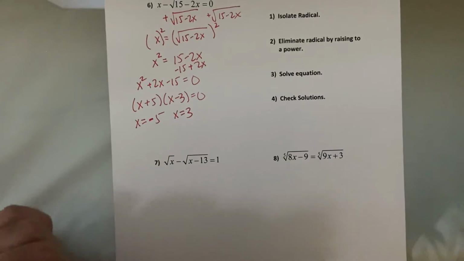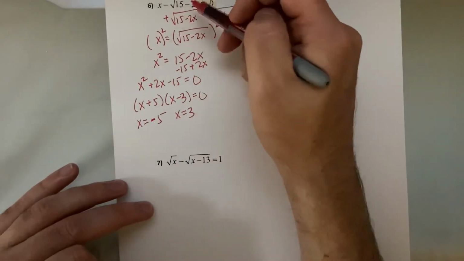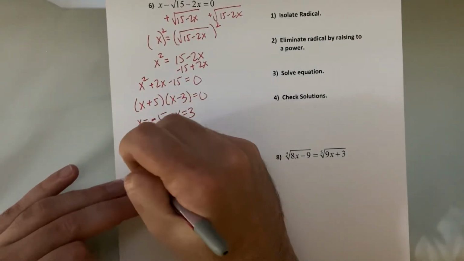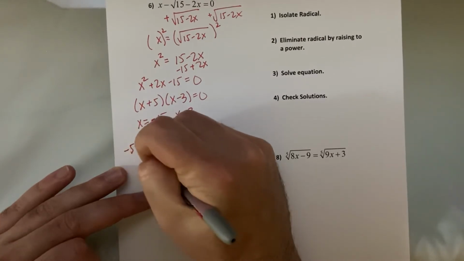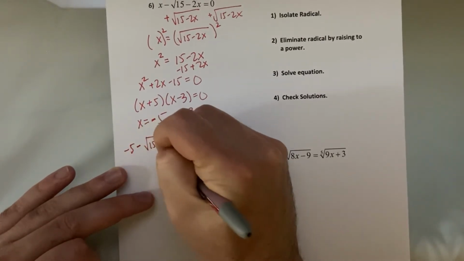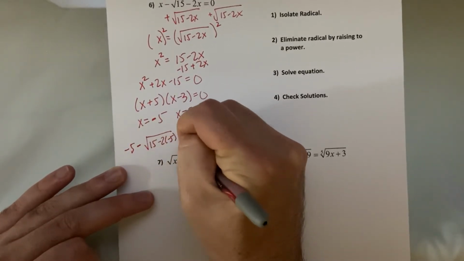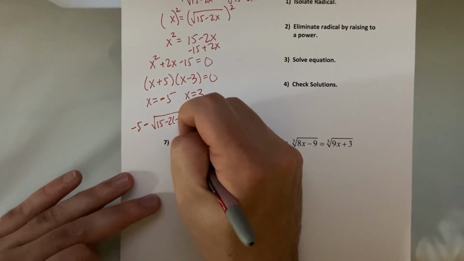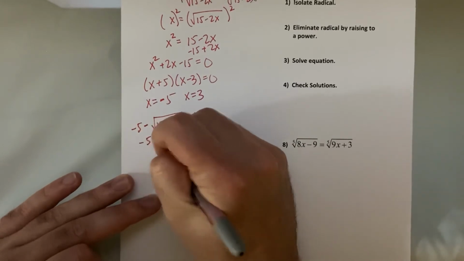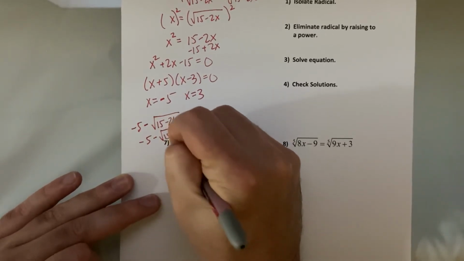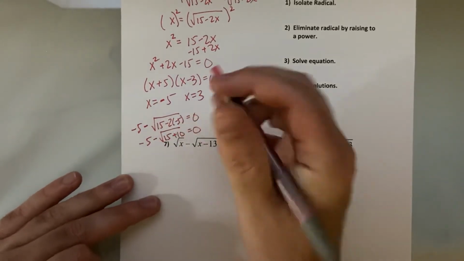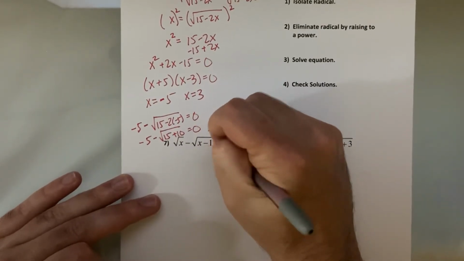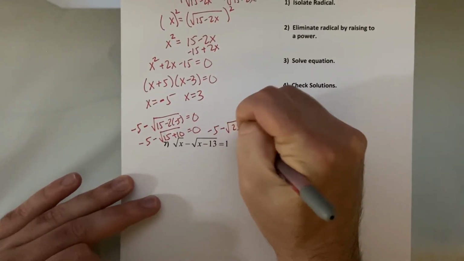Okay, so I need to take these and plug them back into the original. So let's take negative 5. We have negative 5 minus the square root of 15 minus 2 times negative 5 is supposed to equal 0. Now, negative 2 times negative 5 is plus 10. So this is negative 5 minus the square root of 15 plus 10. 15 plus 10 is 25. So that's negative 5 minus the square root of 25.